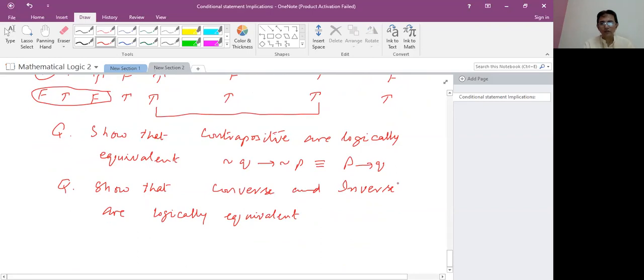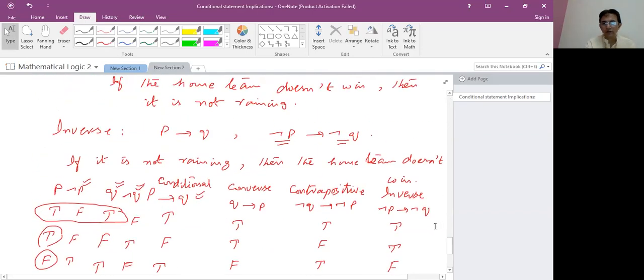With the help of the truth table, student, both are equal.